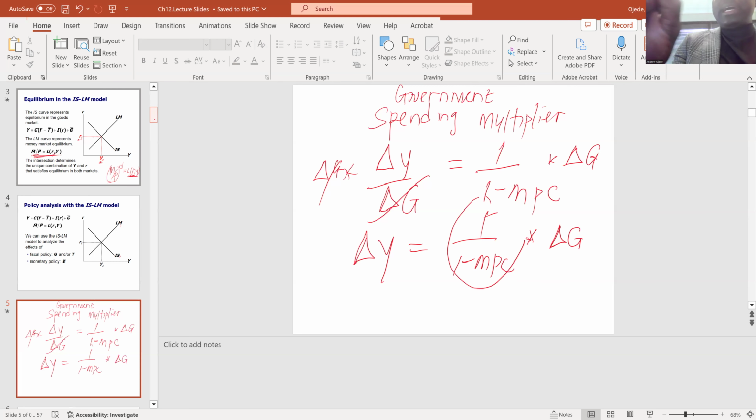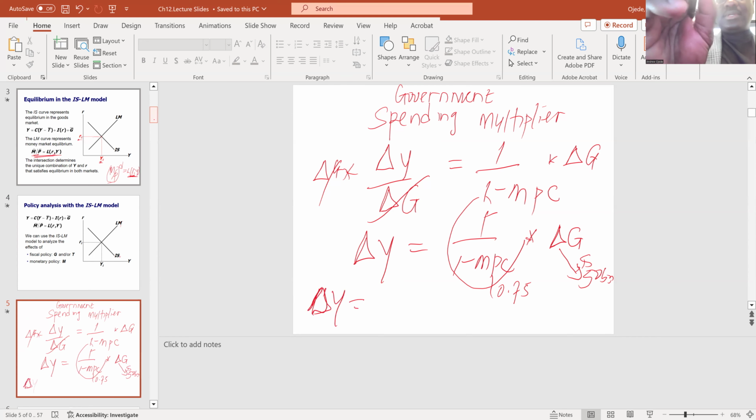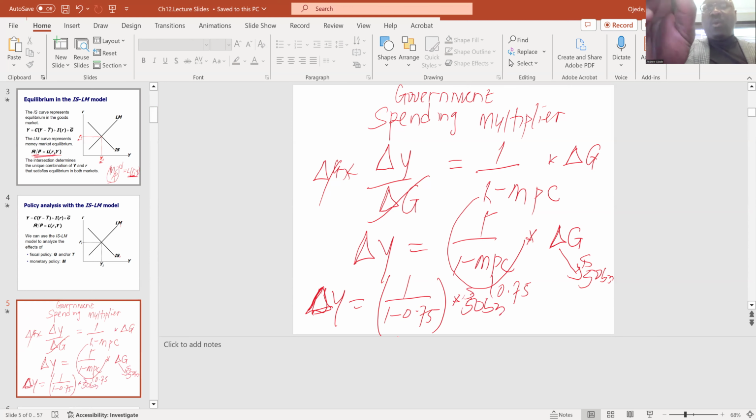So if we know the size of MPC, let's say MPC is 0.75, and government spending increased by $50 billion, for example, GDP is going to change by what? Change in GDP is going to be equal to 1 over 1 minus 0.75 times $50 billion. But 1 over 1 minus 0.75 is going to be 4.